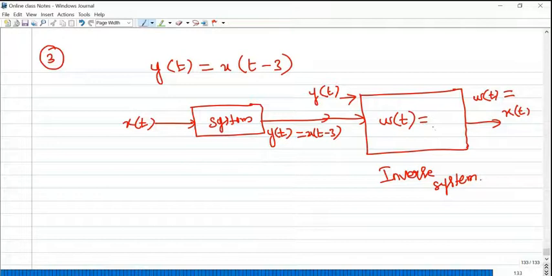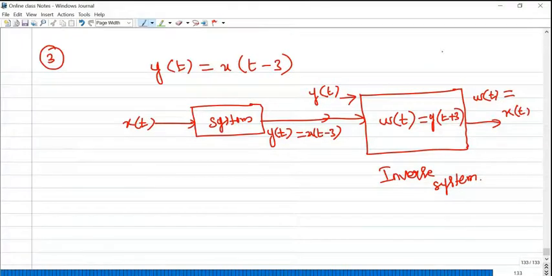So what value can we put here? y(t) plus 3.